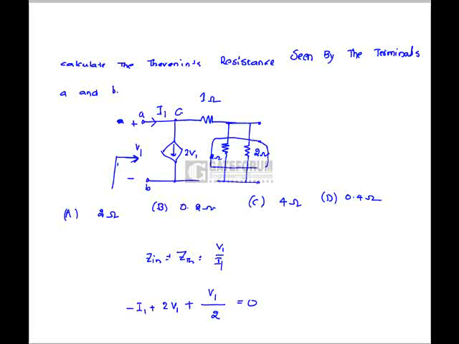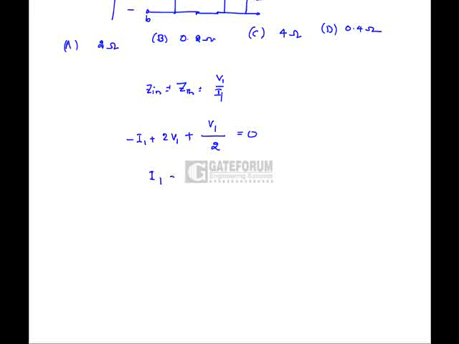This is the parallel combination, which is nothing but 1 ohm. So I1 equals 2 plus 1 by 2 times V1. Here V1 by I1 is 5 by 2 V1, that is 2 by 5 ohms. Hence option D is correct.